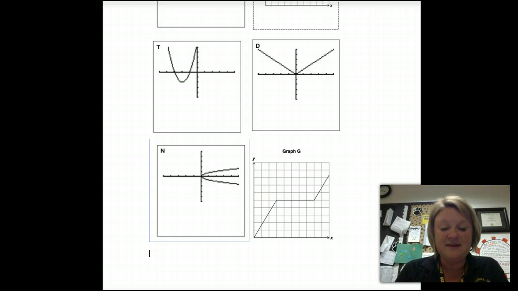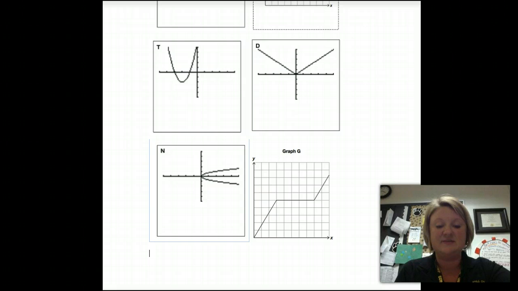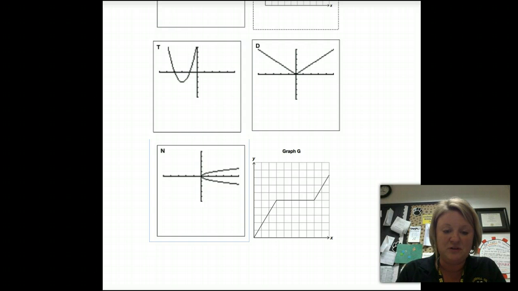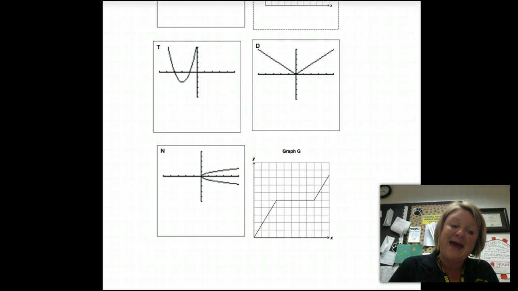And then the other thing that we talked about today was graph N. If I were going to draw imaginary vertical lines through this graph, it would touch this graph in 2 points. A vertical line would touch it here and again here. Okay? Because it does not pass the vertical line test.